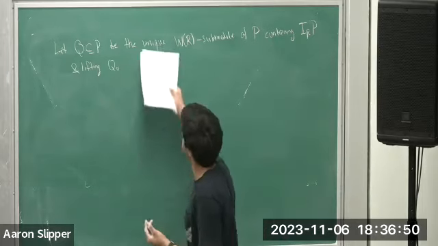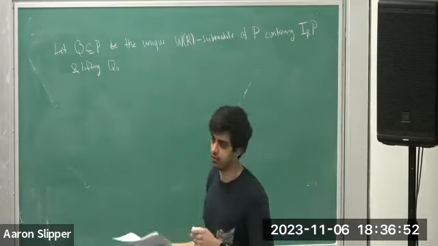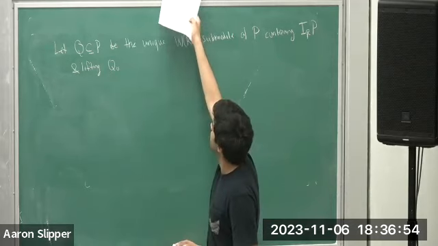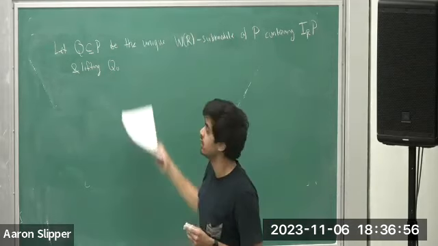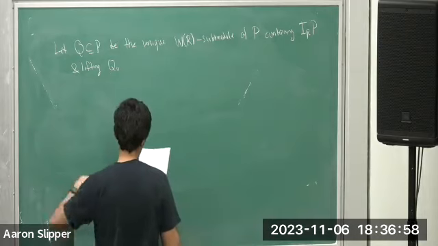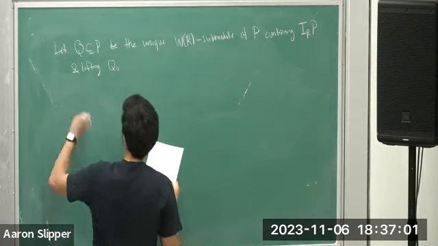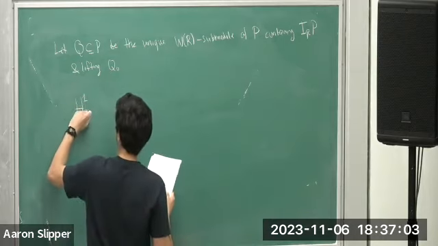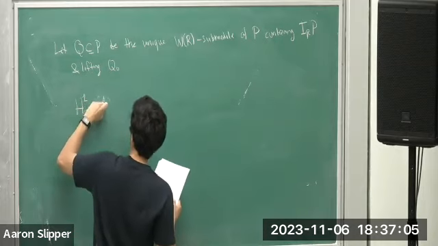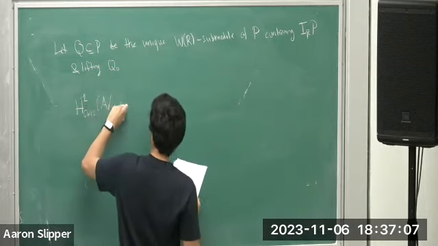And the only thing that remains to be done is to define the F and the V. And for this, we observed that we can work over R mod P. So H1 crystalline of A over WR.